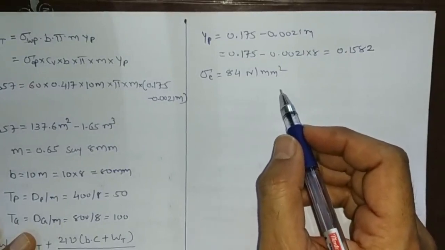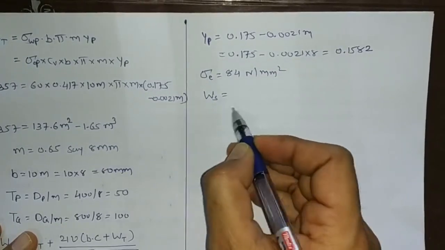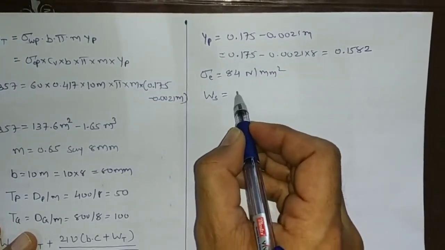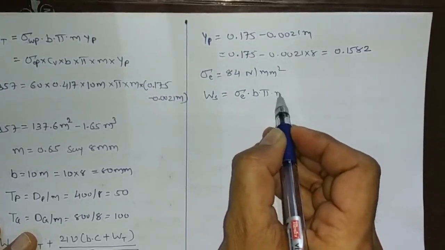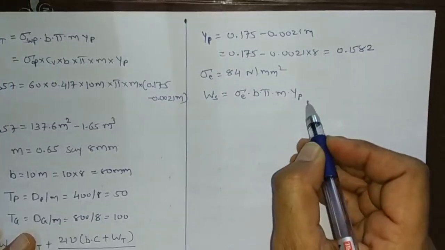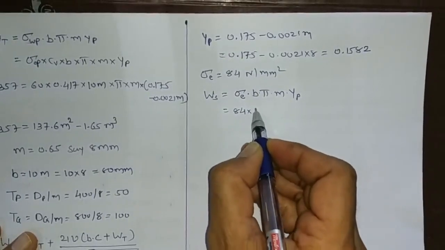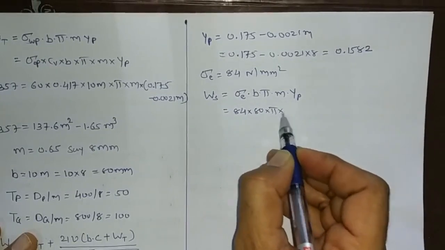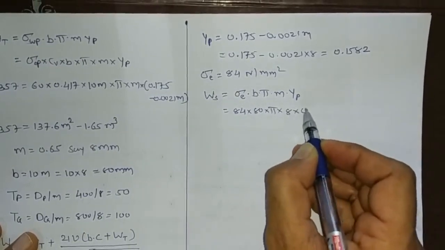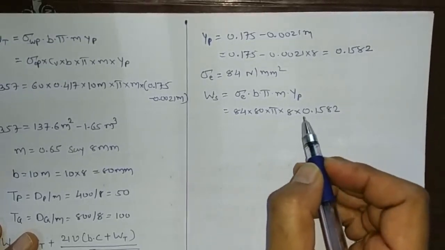Now find the static tooth load Ws. The value of static tooth load is equal to sigma E into B into pi m into YP. Therefore sigma E is equal to 84, B is equal to 80, pi, module 8, and YP is equal to 0.1582.